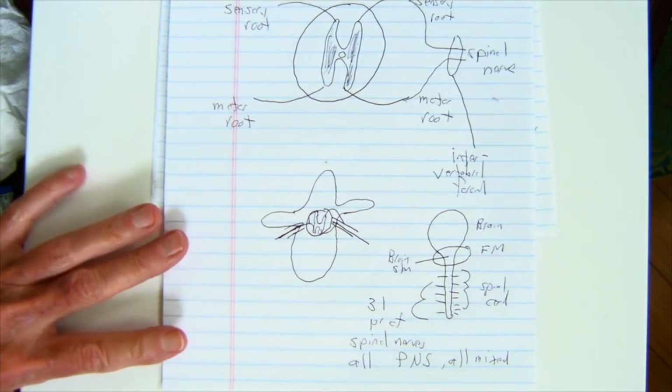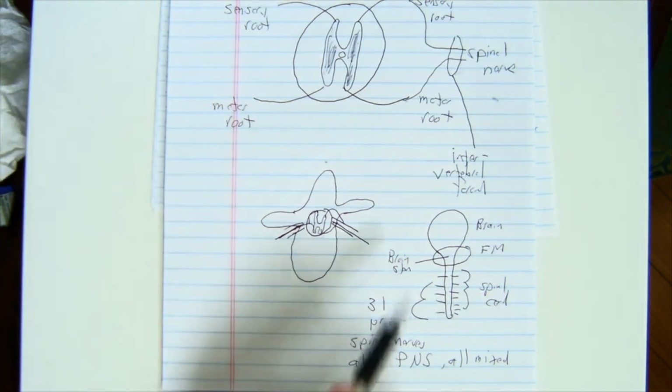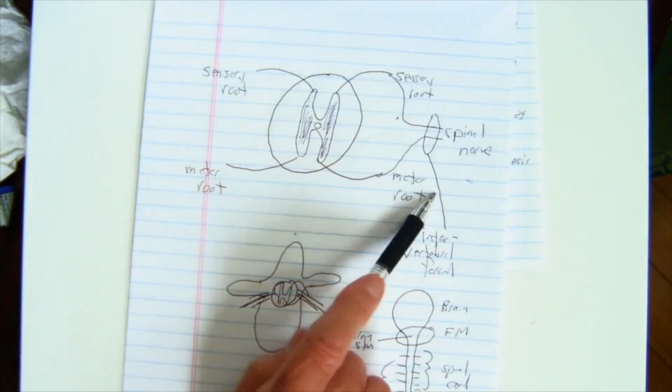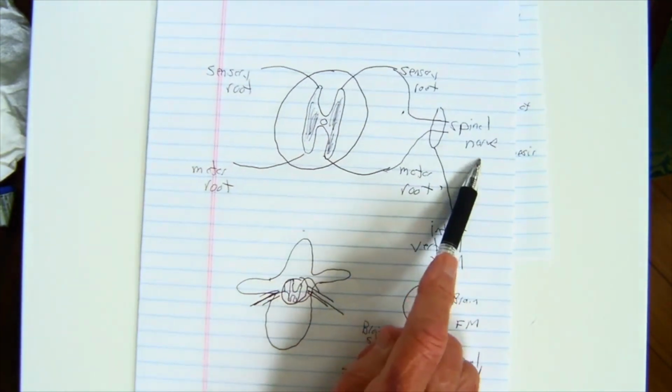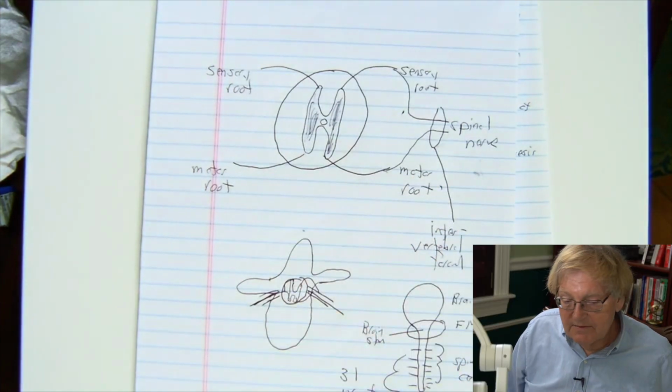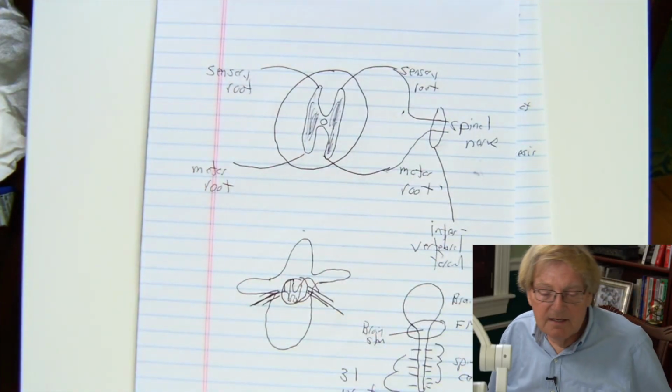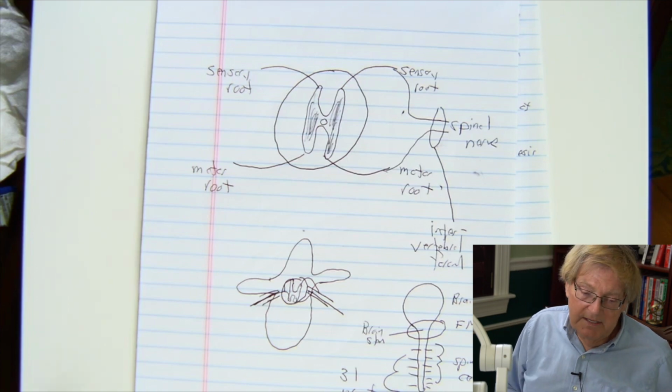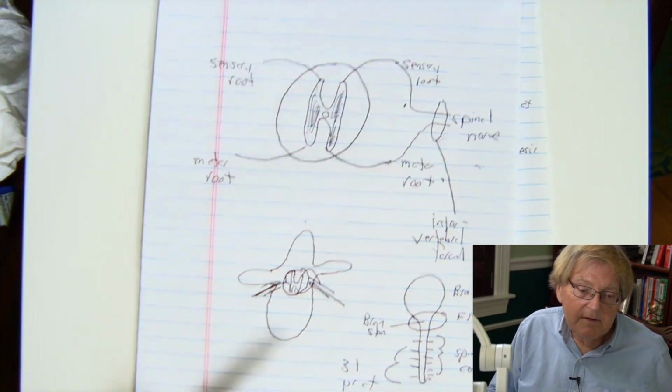Because all they really are is the joining of the sensory root and the motor root exiting the intervertebral foramen as a spinal nerve.